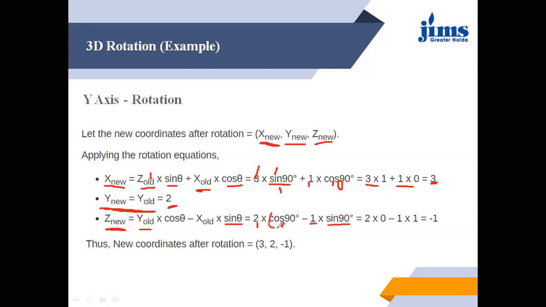The value of cos 90 is 0. So 2 multiplied by 0 is 0 and 1 multiplied by the value of sin 90 is 1. So this is 1. So the final value is minus 1. So the values of the new coordinates are 3, 2 and minus 1 in x, y and z.